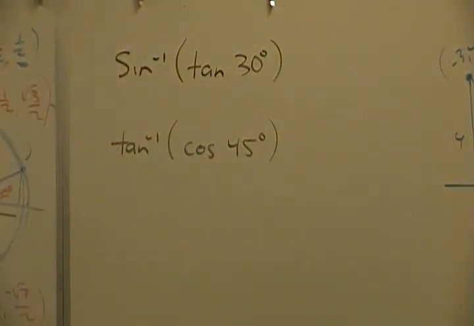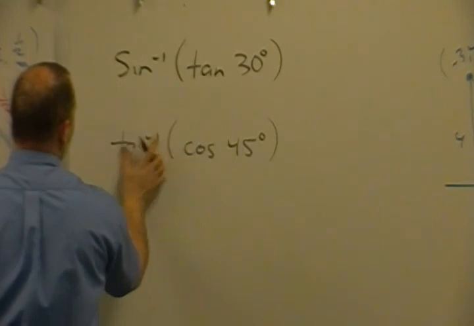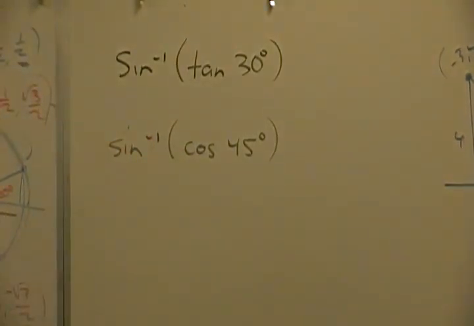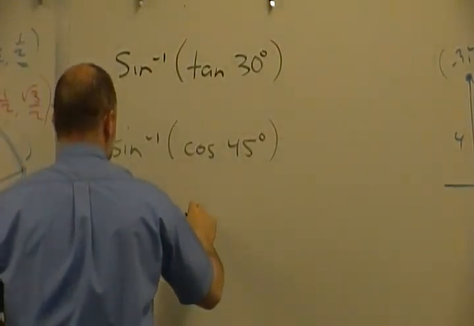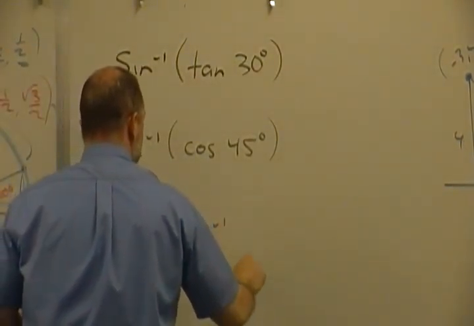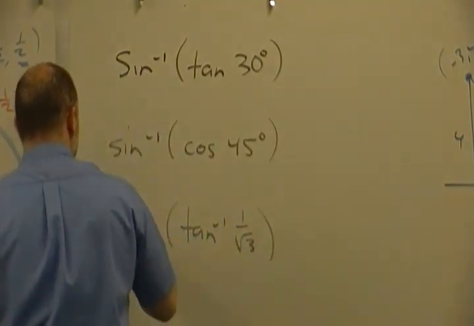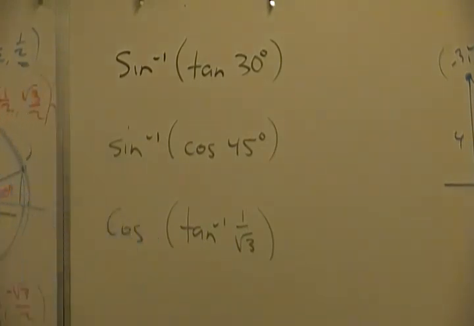That was going to be tough, actually. Let's not do that one. Let's do tangent inverse of 1 over the square root of 3, and let's take the cosine of that. Now, can you plunk these into your calculator? Yes. However, I don't want you to do that. I want you to use your unit circle to get a feel for doing some of these. So see if you can figure these values out on the unit circle, and we'll go from there.